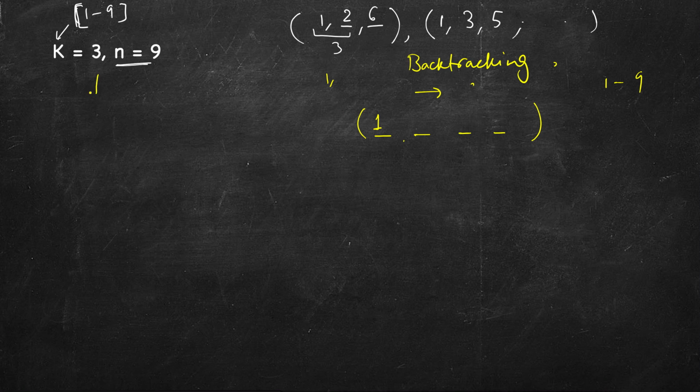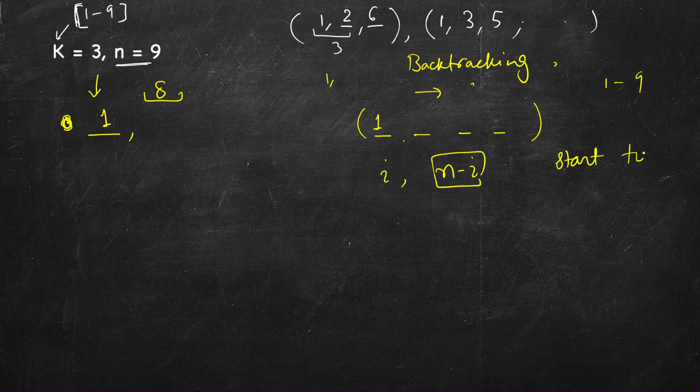So earlier it was 3, 9. First we put 1 here, and the remaining value n reduces. So n is now 8. So whatever is n, we take a value of I, and then we do n minus I. So n is updated to n minus I since we have included I, and I will vary from start to 9.